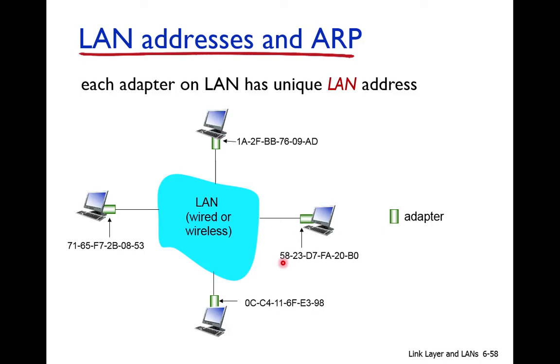If it is not unique, then there will be confusion. For example, if in a class there are two students with the name Aisha and the teacher calls Aisha, there will be confusion about which one has to respond. Similarly here, if the MAC addresses or the IP addresses are duplicated, there will be confusion.